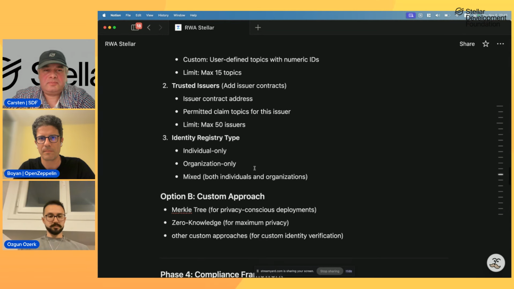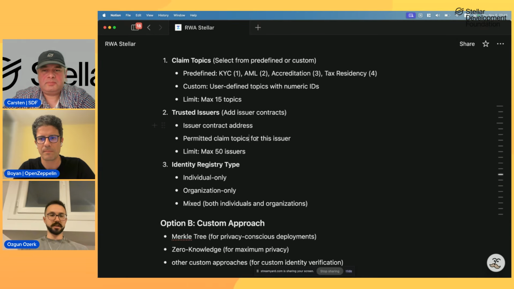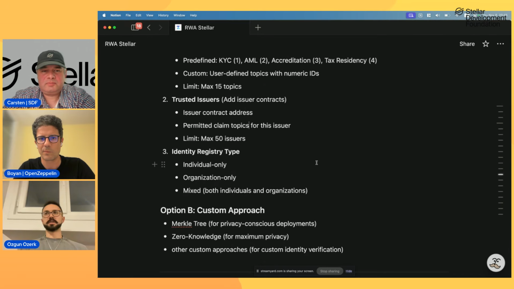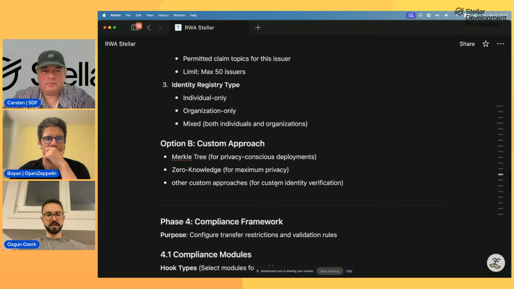And we also store the information regarding the identities, like if they are individuals or organizations, which country they are based in, etc. So the identity stack is managing all the claims and the topics and also the account-related information like individual, organization, country information, etc.